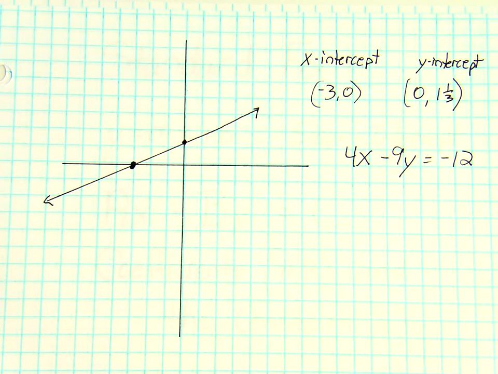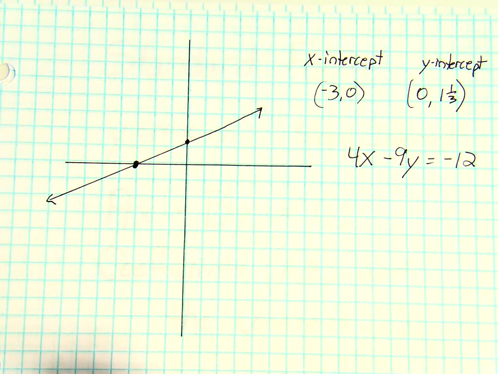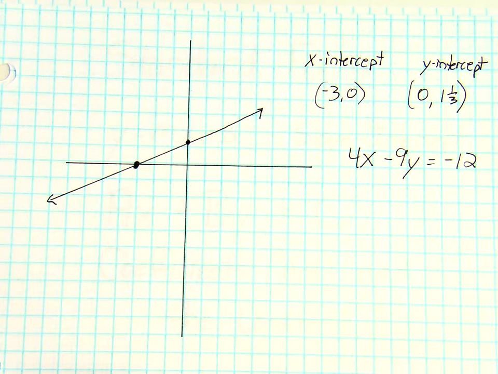So we can do this again with another problem where we have 5x plus 2y equals -10. Again, I'm going to set y to 0, so I'll have 5x equals -10.